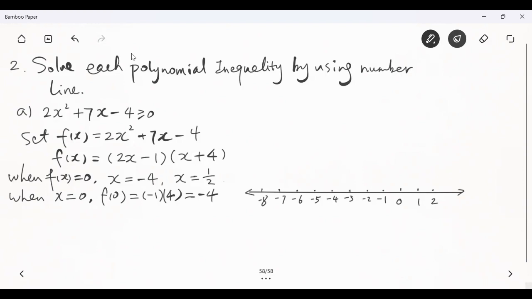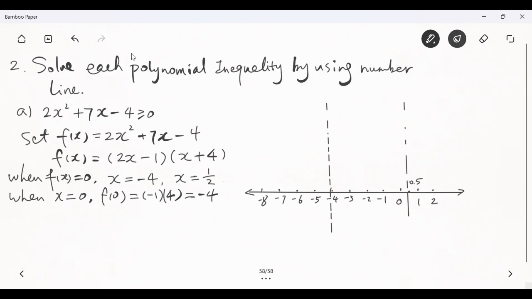And left side, negative 4 here. And 1 over 2 is 0.5 here. And then you see there are 3 intervals, right?